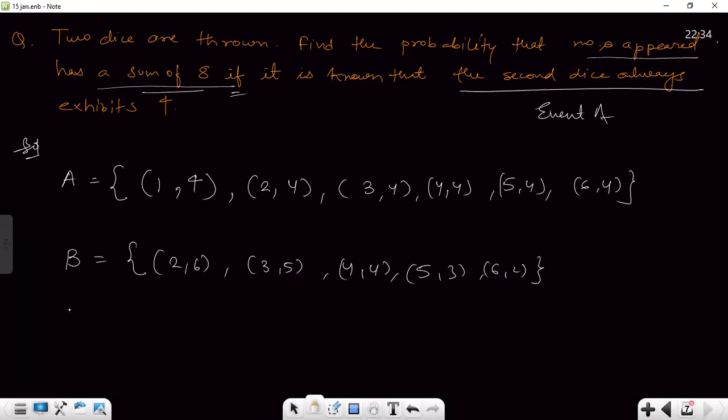And as per our formula, as per the question, we have to find out the probability of occurrence of event B when A has already taken place. So for that, we need to find out the probability of A intersection B and the probability of A. So we don't care about event B, just we care about A intersection B. So what is A intersection B? Can you tell me? Both of the sets are there in front of your eyes.